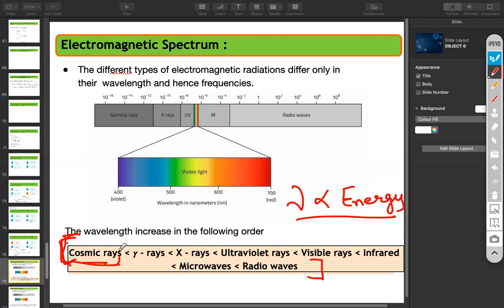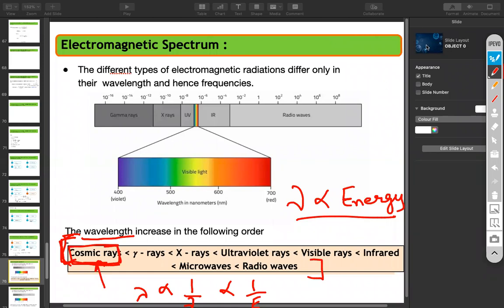So the answer is cosmic rays. Cosmic rays have the highest energy. Why? Because their wavelength is minimum, and wavelength is inversely proportional to frequency. Frequency is directly proportional to energy. This means wavelength is inversely proportional to energy. Got it? Yes or no? Any doubt?